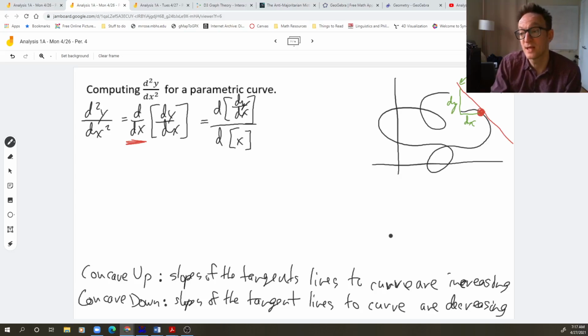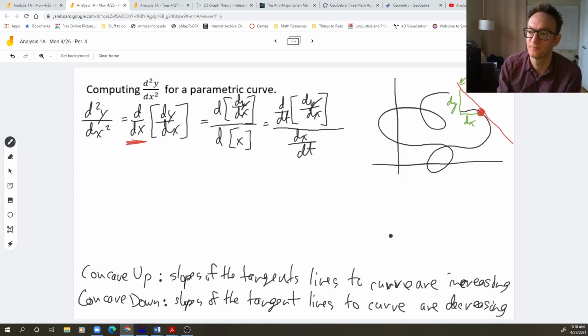Which means that once again we're differentiating something with respect to something else where both of them depend on t. And therefore, if this explanation is working for you, then hopefully you'll see what to do here, which is to differentiate dy dx with respect to t, over the derivative of x with respect to t.